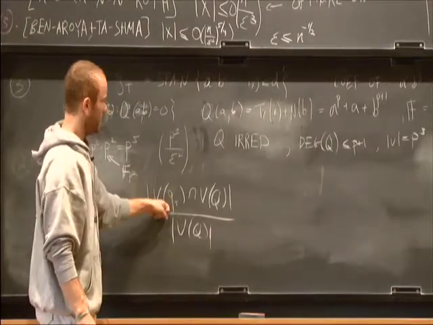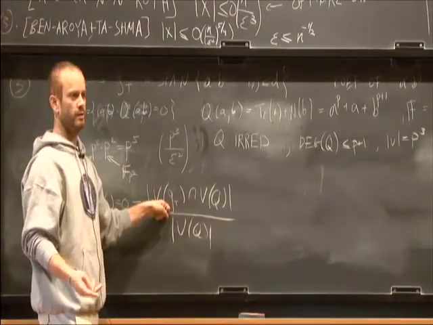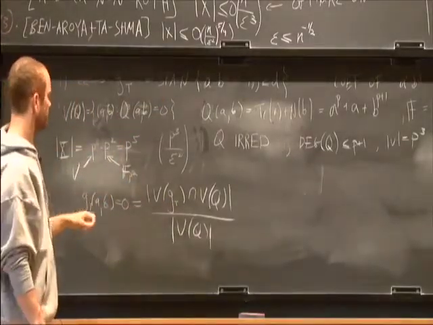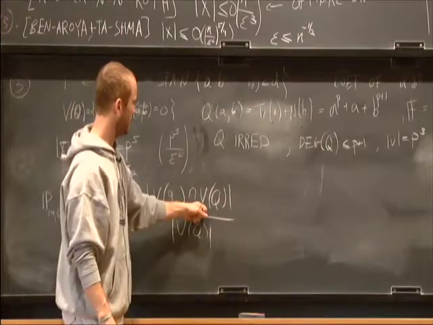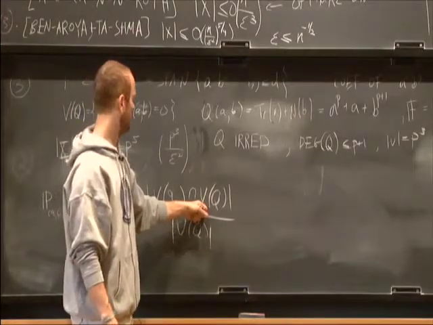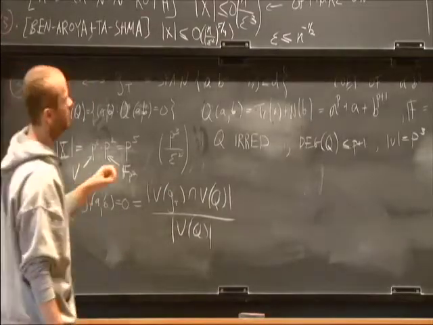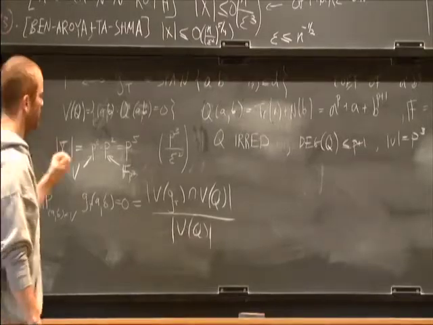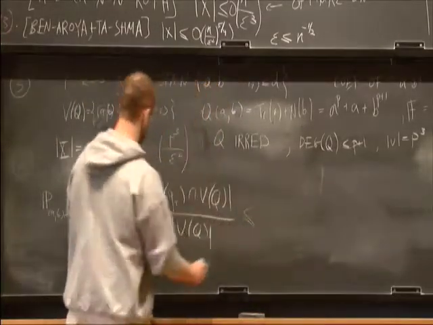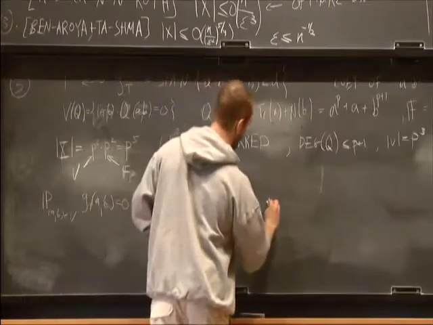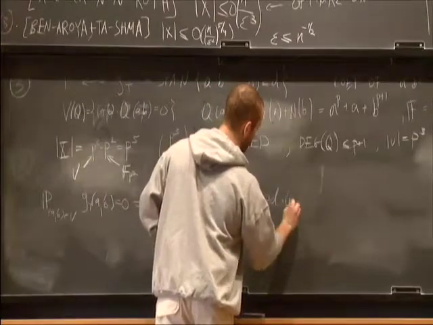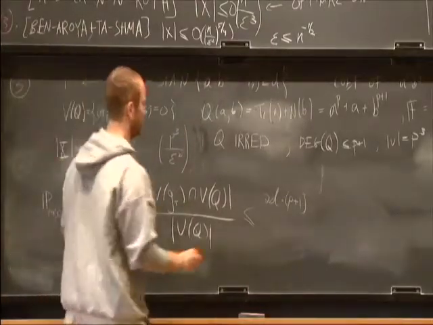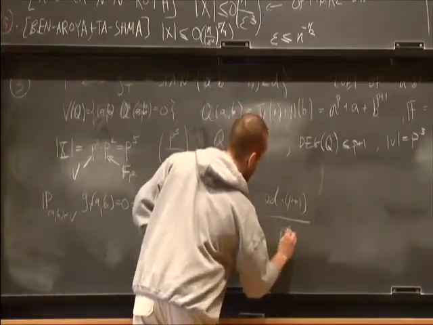This polynomial is a polynomial of total degree at most 2D. This is an irreducible polynomial of degree p. So I want to say that this thing is at most 2D times p plus 1, over p to the power of 3.